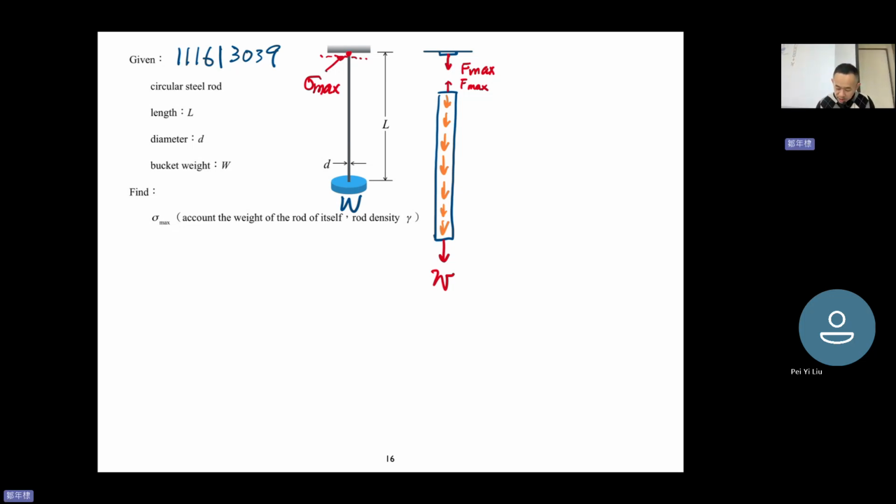Because the ceiling on the top will provide the fixation. So it will give the reaction force. You know that the R must be equal to F mix, okay?